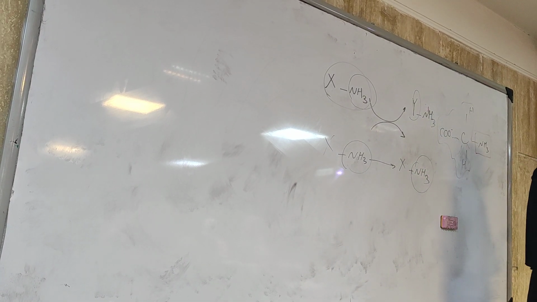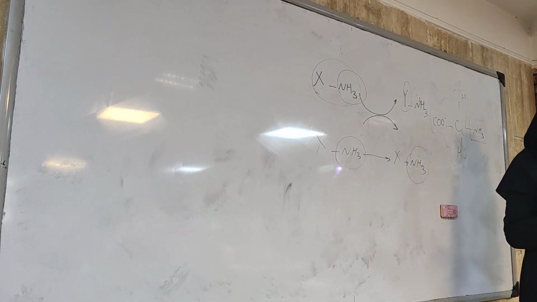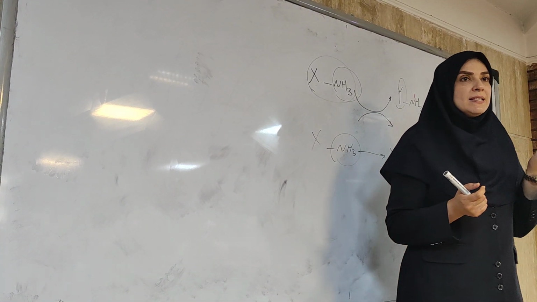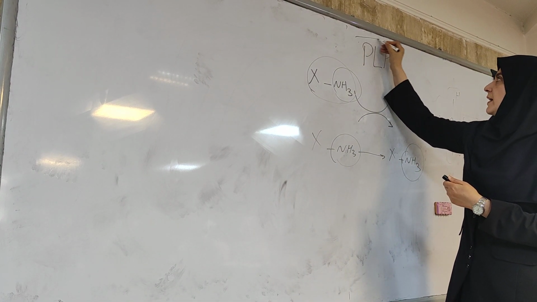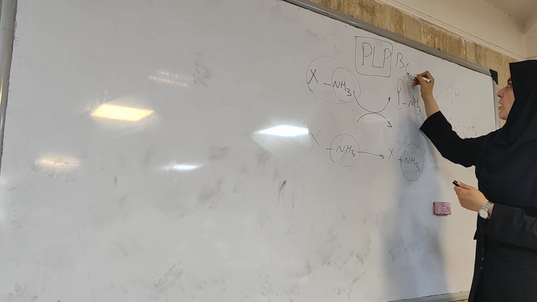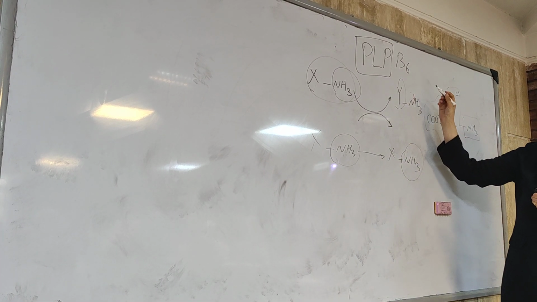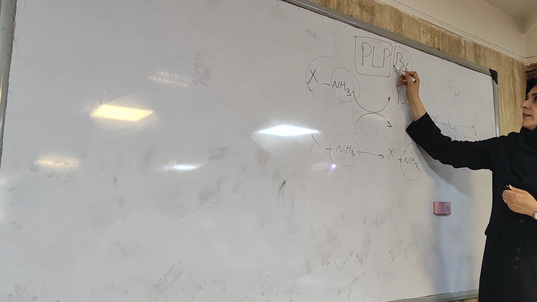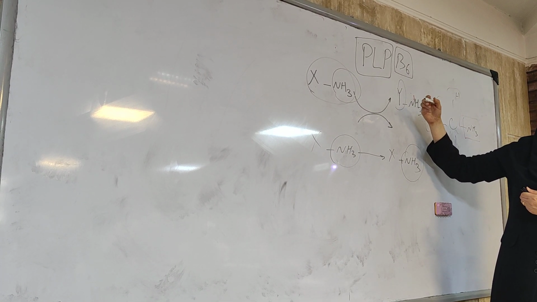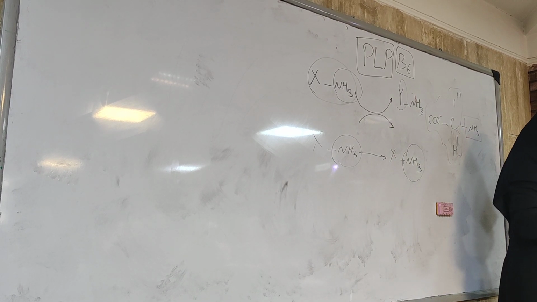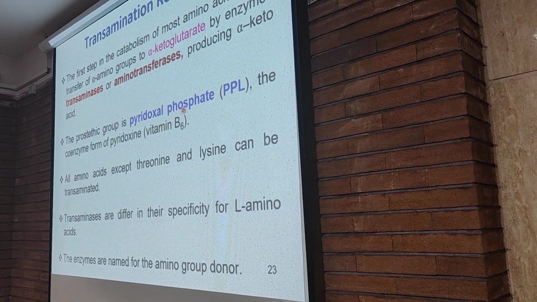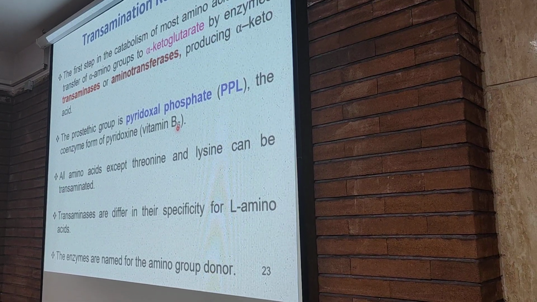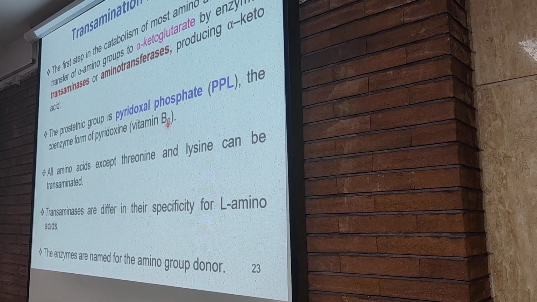If you remember the vitamin section and the function of B6, pyridoxal phosphate, PLP, is the active form of vitamin B6, and one of the reactions in which this vitamin functions as a coenzyme is transamination. So all kinds of transamination require vitamin B6. In a deficiency of this vitamin, the digestion of protein would be defective.